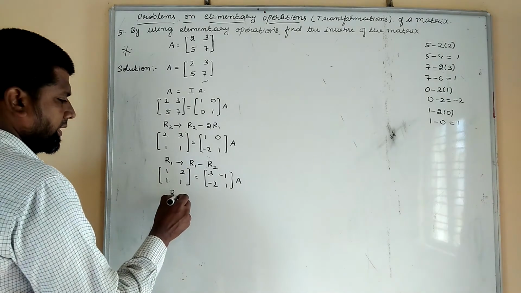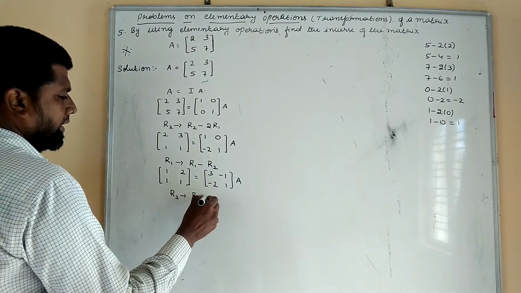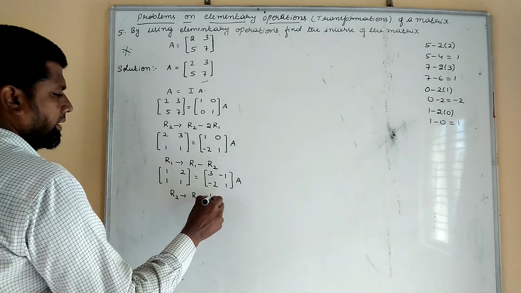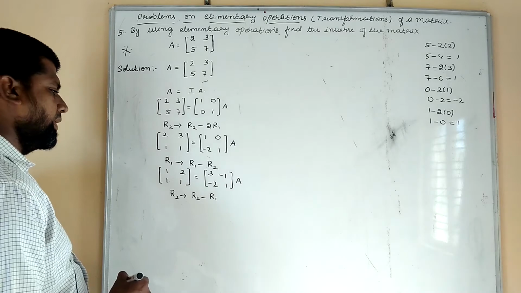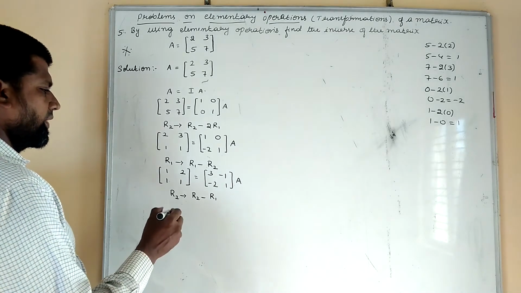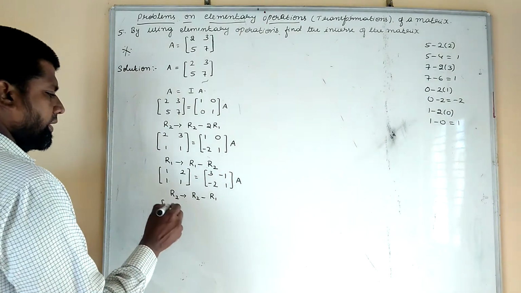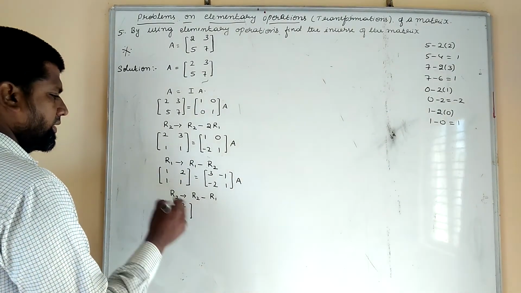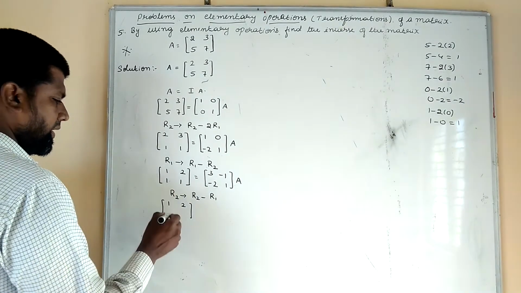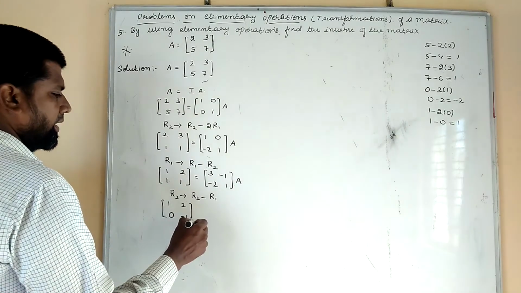Let us go for R2 changes to R2 minus R1. If you change R2 minus R1, what are you getting here? R1 is 1, 2. So 1 minus 1 is 0, 1 minus 2 is minus 1.